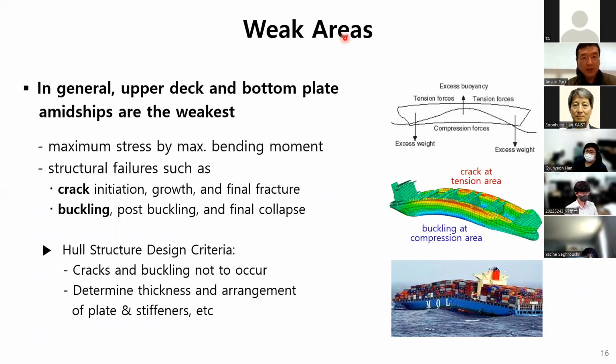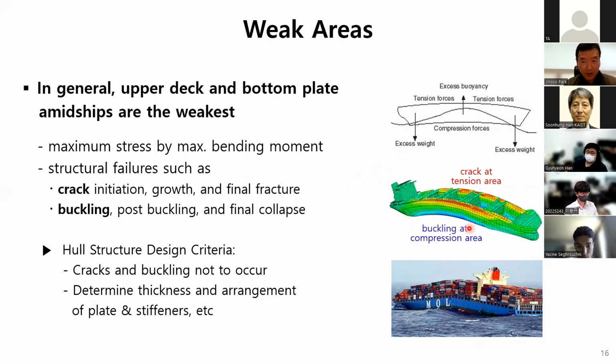Next topic is weak areas in ship structure. In human, our body, what part do you think is the weakest? Of course, varies a lot from person to person, but we may think that waist, our back, is the part we feel many troubles, especially as we get old.